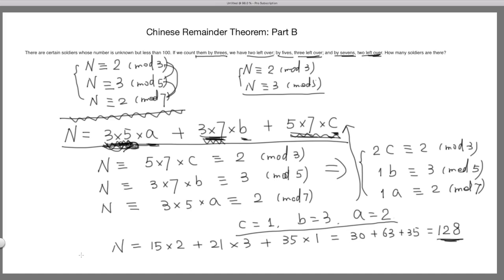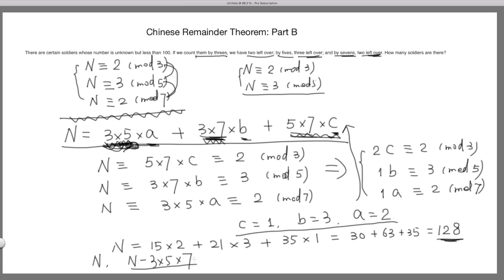And that's clearly yes. If we find a solution n, then n minus 3 times 5 times 7 is also going to be a solution, as long as this is still a positive number, that also satisfies all the congruency equations. And why is that?